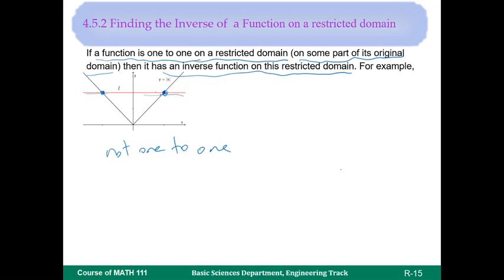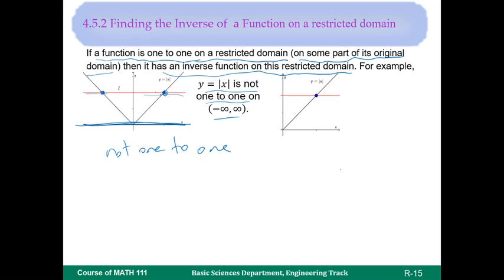But if you restrict it to only the positive part, for x bigger than 0, then you don't take this part, you just look at this part. For this part, each horizontal line passes through only one point on the graph.